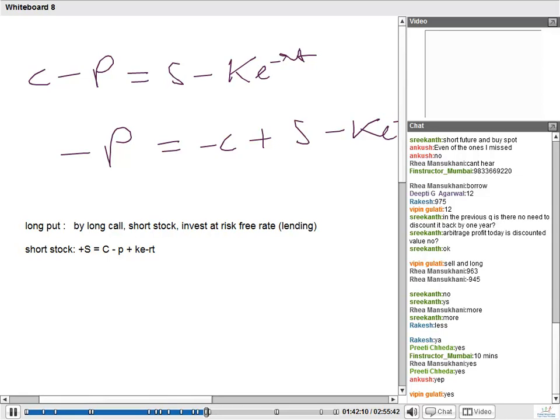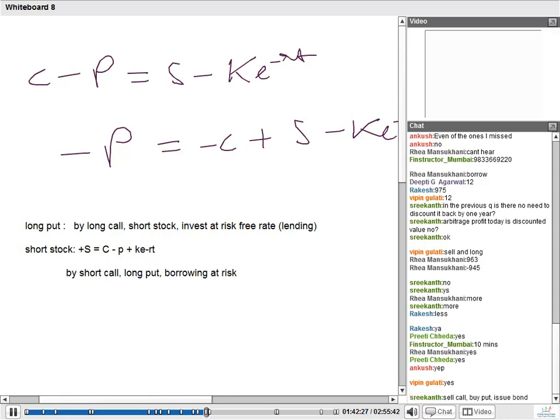So a short stock position can be created by short call. Short call means plus C, I will receive the premium. Long put, that is a minus P, I will have to pay the premium. And plus KE raised to power minus RT means borrowing at risk-free rate. If I borrow at the risk-free rate, it will be represented as positive in my portfolio. So this is how we can create synthetic option positions.